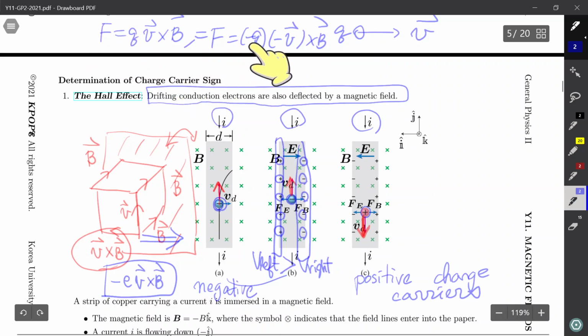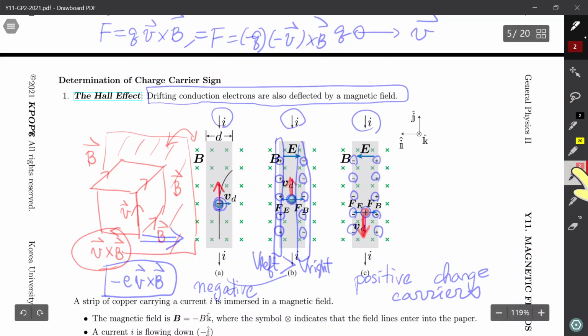Charge minus Q moving with minus V has the identical force. Because the charge carriers are positive, the positive charge feels the force, and the current is opposite, just like V and minus V and Q and minus Q. So positive charge accumulates on the right. Hence, the negative charge is accumulated on the left.